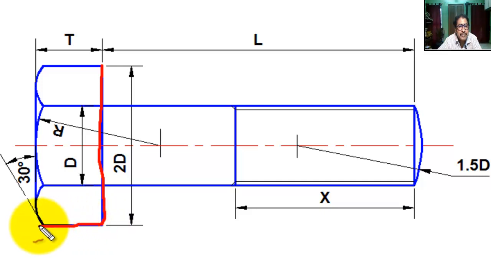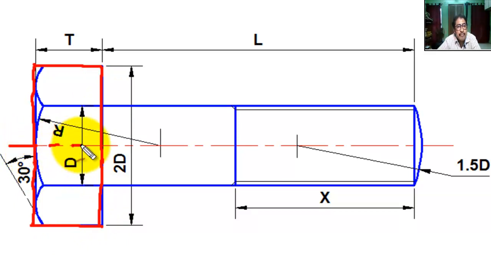This is T. T equal to 0.8D means D equal to 40, so T equal to 32 millimeter. Draw this rectangle. Next at midpoint draw the center line.